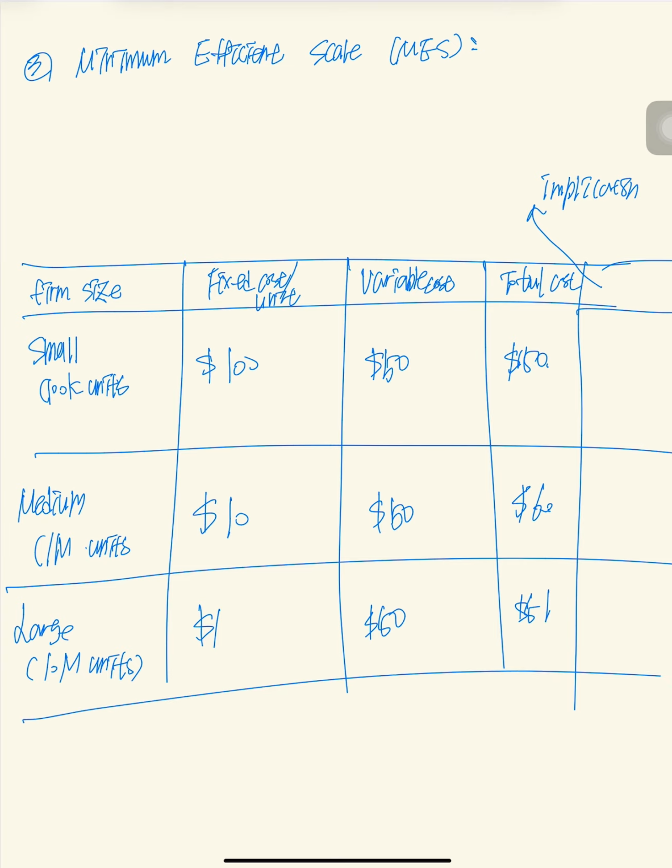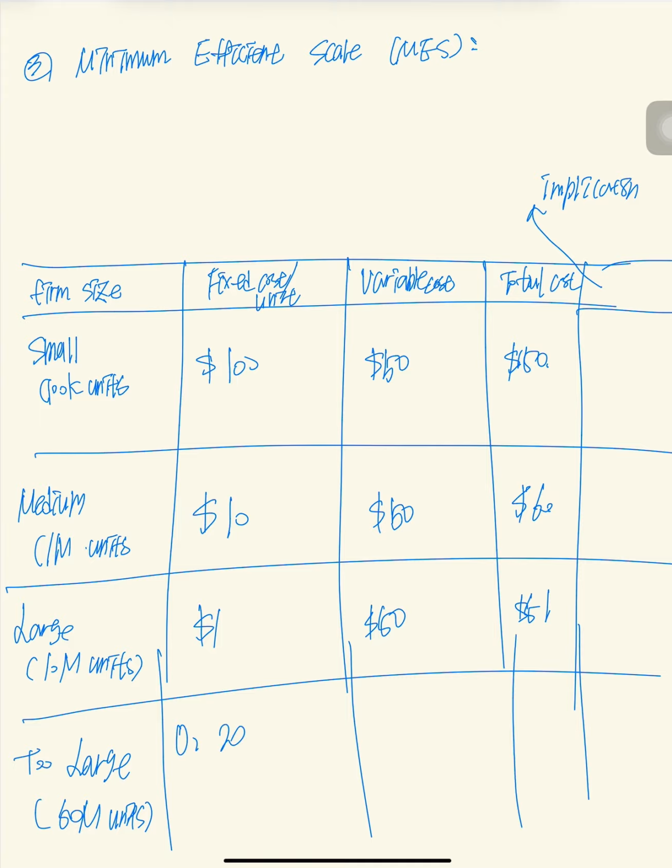And a very large firm, 50 million units: the fixed cost is 0.2, the variable cost is 58.2. Okay, so this is the example of the MES table.